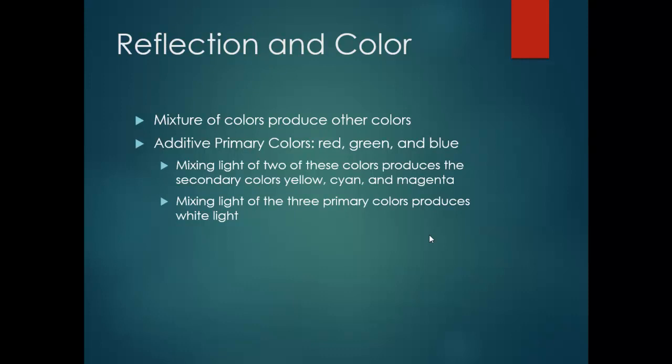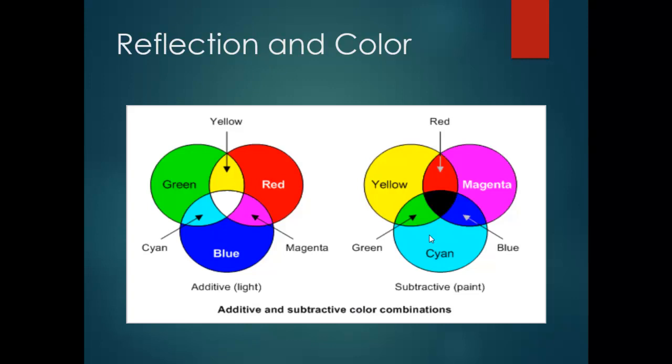From this part we have to know that mixing light produces white light. When we mix all of the spectrum colors, it produces white light. When we mix two of the primary colors, it produces a secondary color. What are the primary colors? Red, green and blue. What are the secondary colors? Yellow, magenta and cyan.